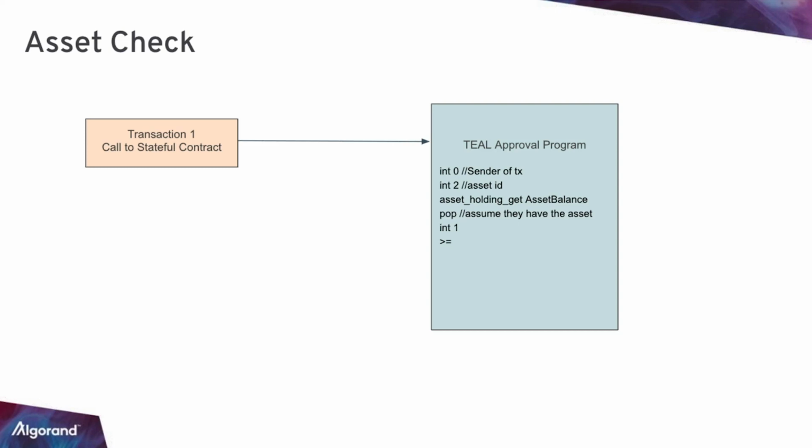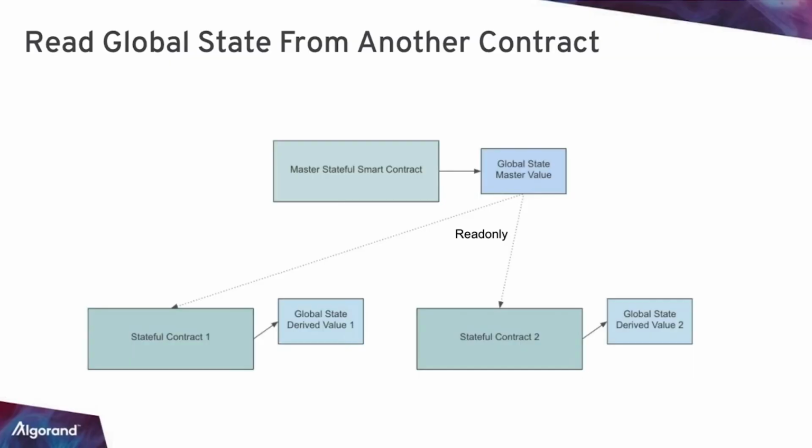I'm assuming they already have the asset, and then I'm comparing that to, is it greater than or equal to 1? That's how you can check if they have this particular token in their ledger, in their balance. Okay, I can also do things like, like I said earlier, read the state of other contracts.